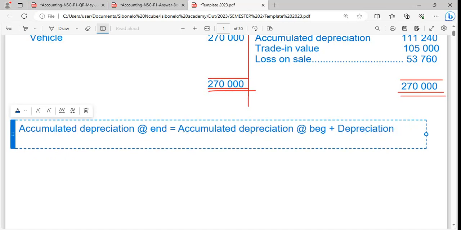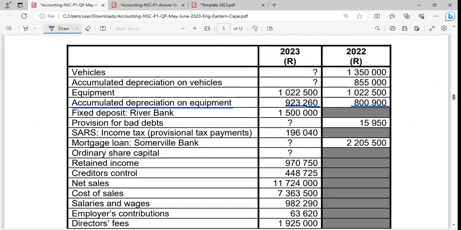Now in this question we are given the accumulated depreciation at the end for equipment. For equipment, we have accumulated depreciation, the closing balance. The 2023 is the closing balance and the 2022 is the opening balance. This is the closing balance, 923 260.